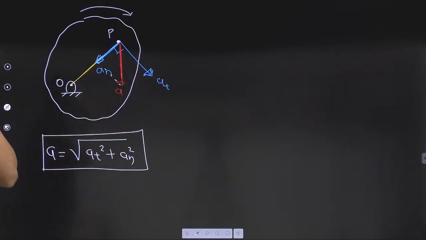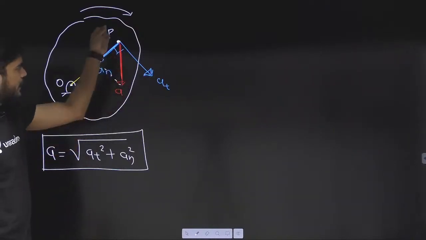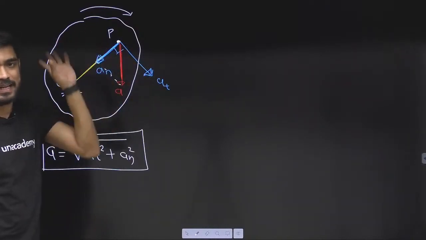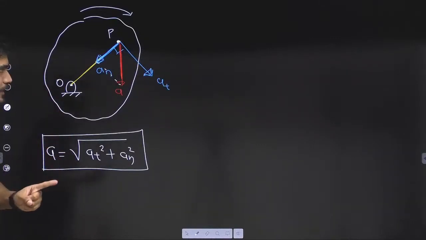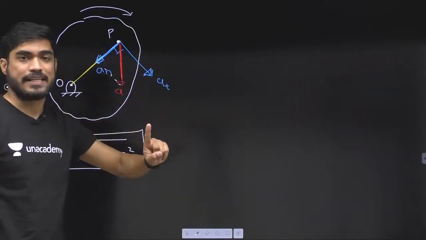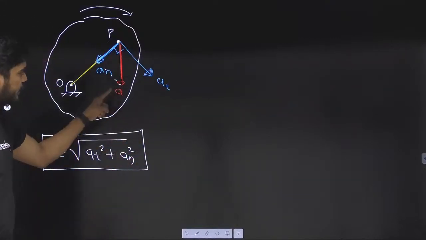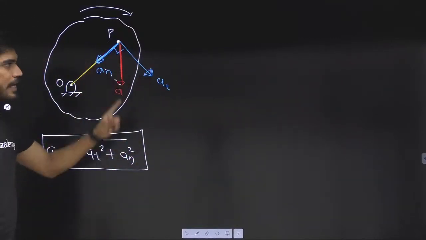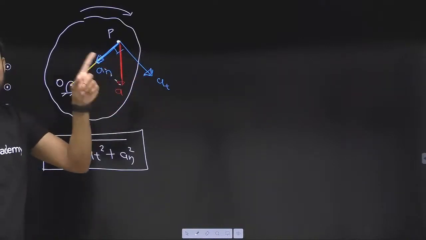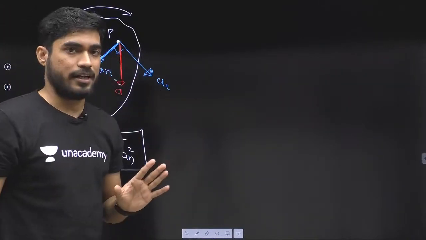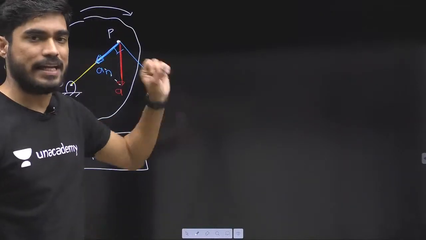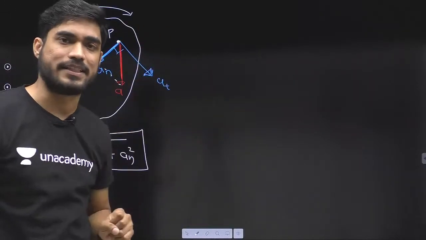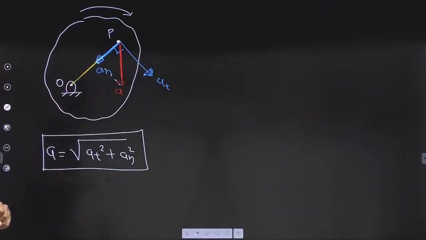So you can clearly see that the acceleration and velocity are not in the same direction. A and V are not in the same direction beta. at and V are in the same direction, but A is the resultant of at and an, and the direction of A and the direction of V are different. In translational motion they are the same, but in rotational motion the direction of velocity and the direction of acceleration are different beta.